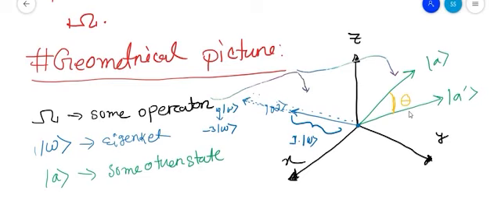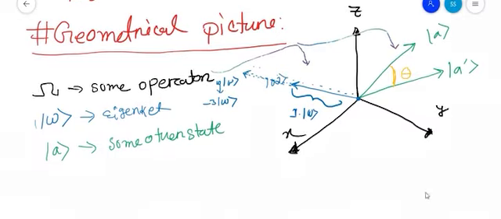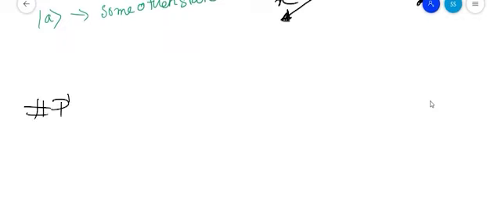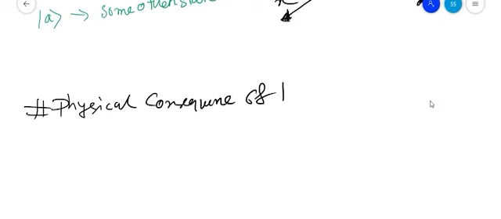And yes, the eigenvalues and the eigenvectors, both of them will come from the operator itself. And finally, since this is the geometrical picture I have just discussed, let me give you a physical motivation, or so to say a physical consequence, of the eigenvalue equation.